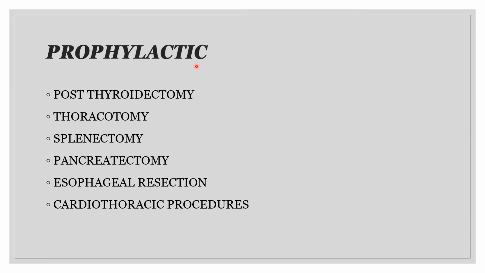Now if you do not place a drain, the blood or seroma gets collected. It will not allow the wound to heal. It will also form a focus for bacteria. So the examples that I've given are post thyroidectomy, thoracotomy, splenectomy, any major surgeries in the abdomen or thorax, any surgery that involves a cavity and extensive dissection, we place a drain.